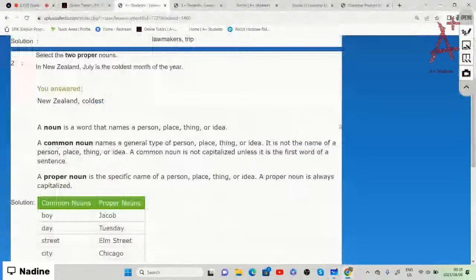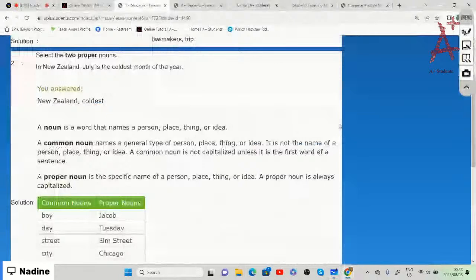That is a noun. Then we have common nouns, right? And common nouns name a general type of person, right? Can be any person, place, thing, or idea. And it is not the name of a specific person, not the name of a specific place, not the name of a specific thing, and also not the name of a specific idea, right?